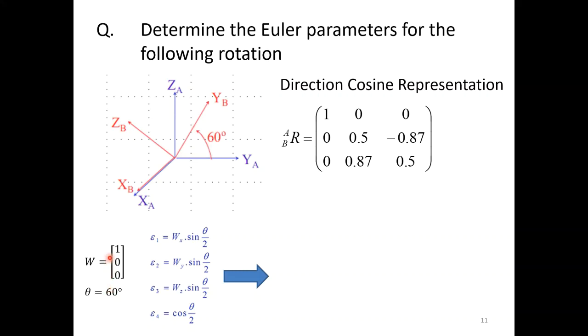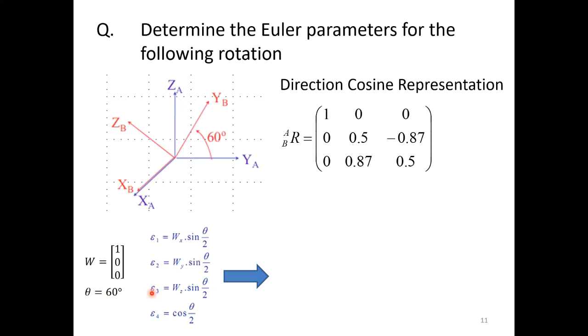Okay. So once you know the axis of rotation and the angle of rotation, you can calculate the four Euler parameters. First one is Wx sine theta by 2. So this is Wx, that is 1. Sine theta by 2 means sine 30. Second one, epsilon 2, Wy sine theta by 2. Wy is 0. Don't worry about that.